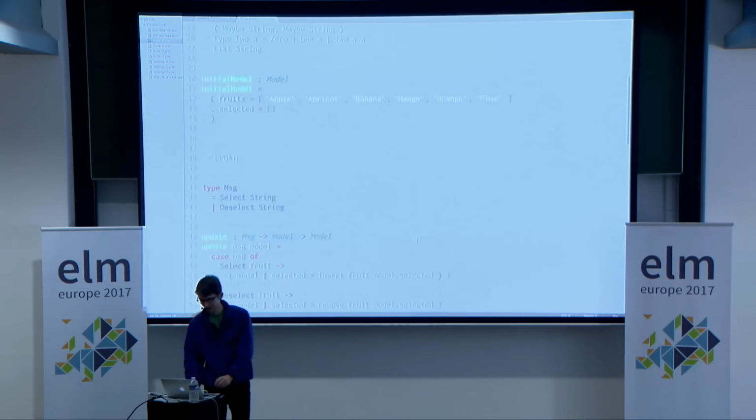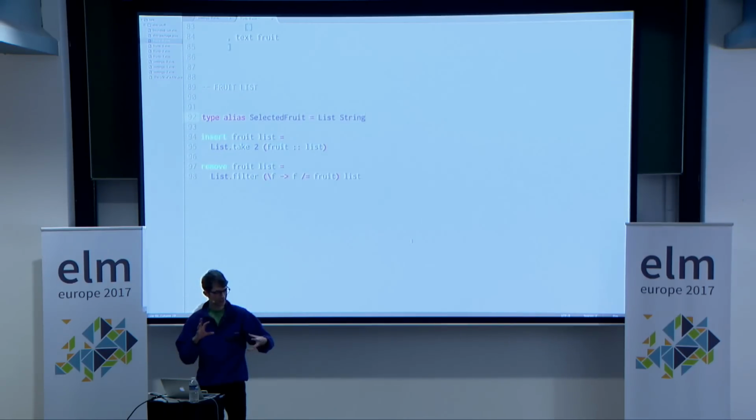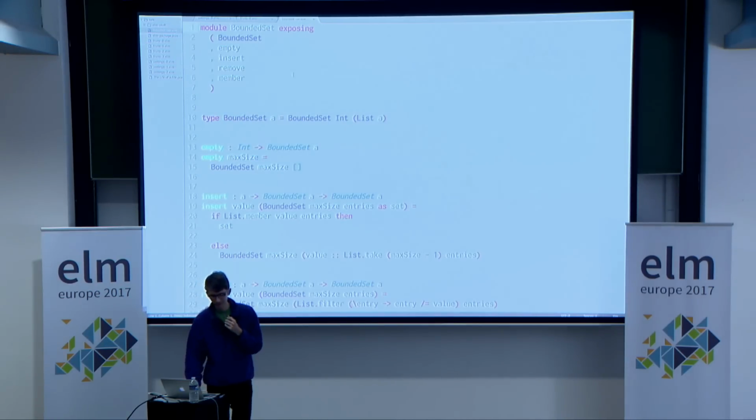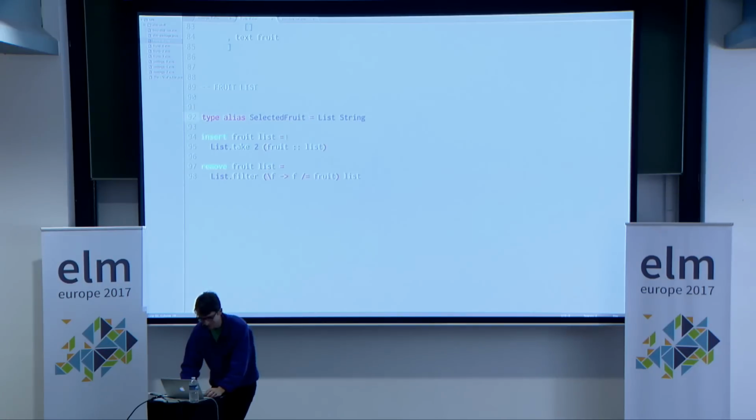So we're starting to see the beginnings of a module, like things that we can box off and put in their own place. So I'm going to just skip ahead to a version of this in a different module. So the idea is we have this thing called a BoundedSet. And yeah, no, I shouldn't skip ahead to this. That was a bad idea.